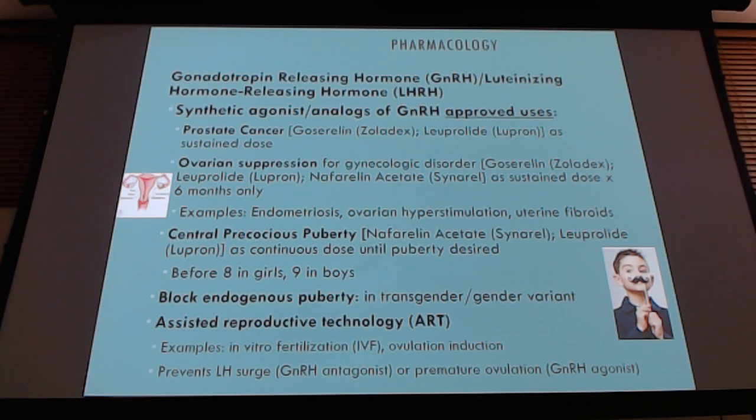And then your ART, or your assisted reproductive technology, so when we're talking about things like IVF or in vitro fertilization, or you're trying to retrieve eggs and do ovulation induction, you can see where we'll use these medications, and they're on certain days that we're using them to try to stimulate them, right? So it's not something most of the time that our patients are using all the time. So we're trying to stimulate or trigger them in that agonistic way, okay?